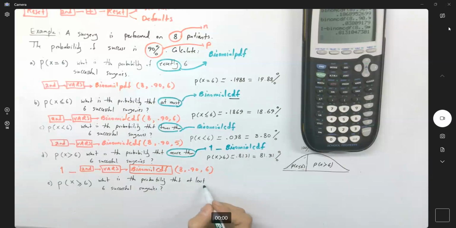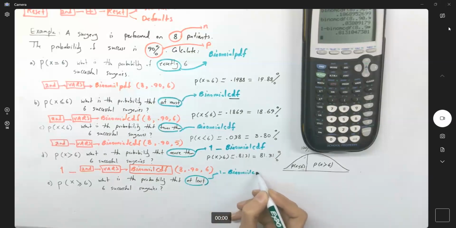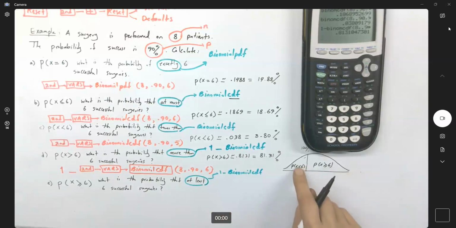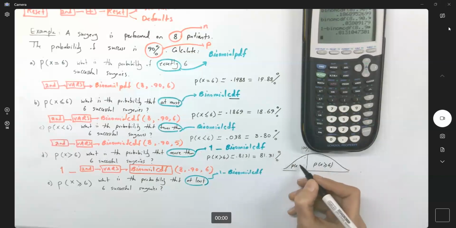At least, you have again 1 minus binomial CDF. In this case, x larger than or equal to 6 is going to be on the right-hand side. So I'm going to subtract the probability that x is less than 6. So I'm going to subtract the probability that x is less than or equal to 5.